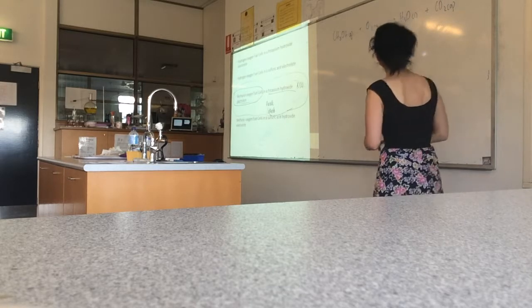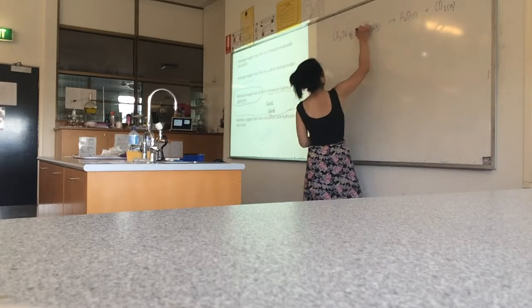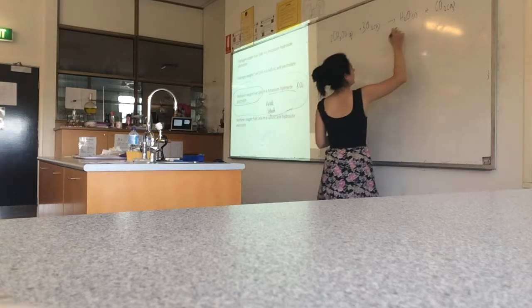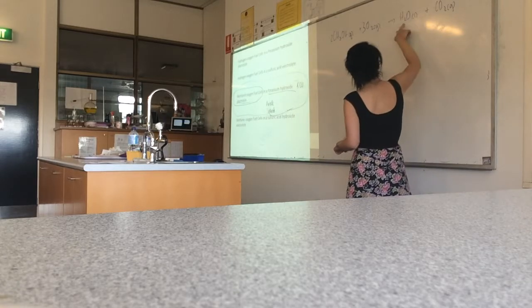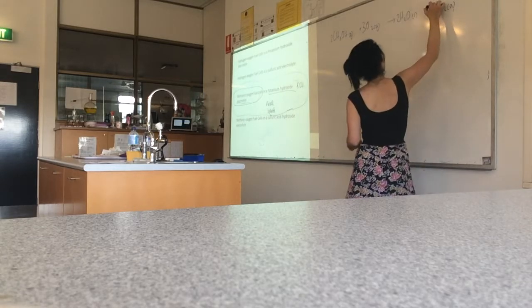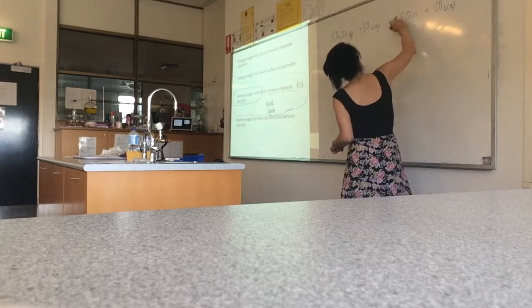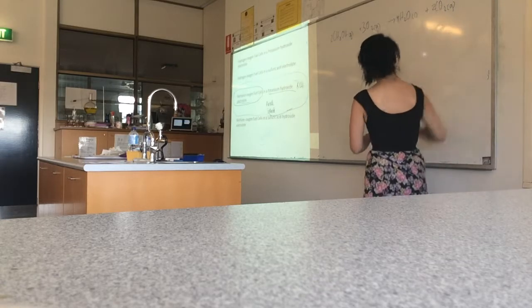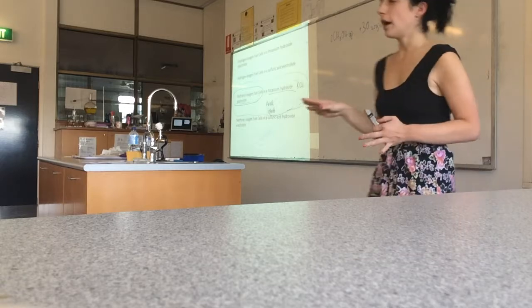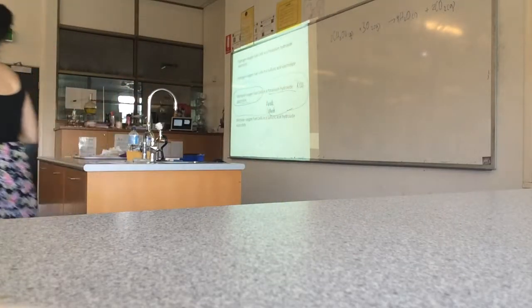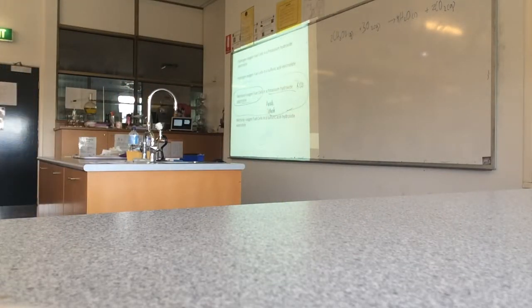If you balance, you should have 3, 2. Is this 2? And oh, that's 4. I have it the other way around: 4, 2. Okay, so with your half equations, we are in a basic environment, which makes life less fun. Very good. Good start.